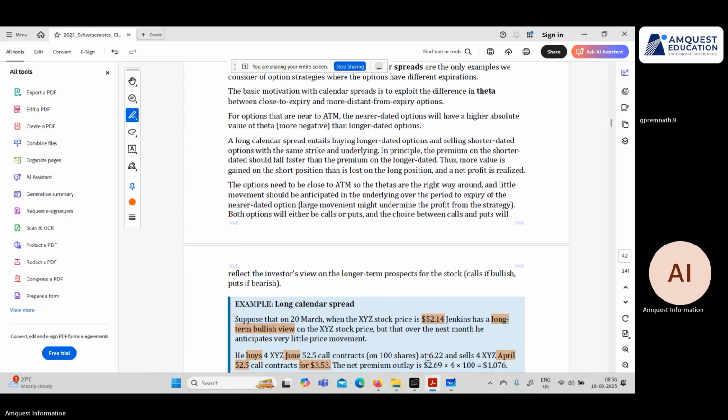When my long-term view is bullish, I will try to buy a call option for the long term. But since I think there is very little price movement, which means the price will not move much, selling a call will give me some extra money, and I know that it will never be called. But that's my anticipation.